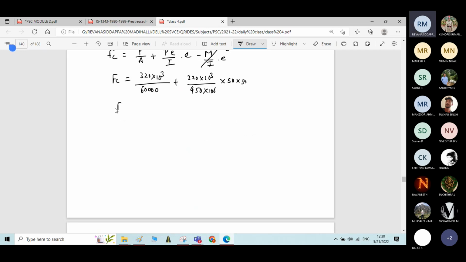So by this we'll get FC. So we'll get the answer as 7.11 Newton per mm square.